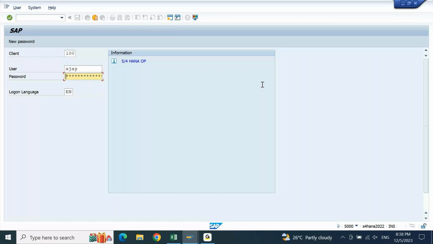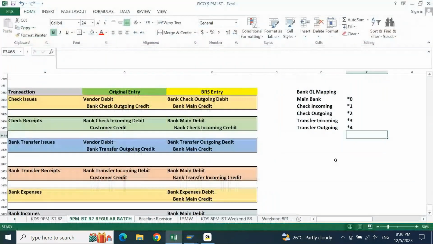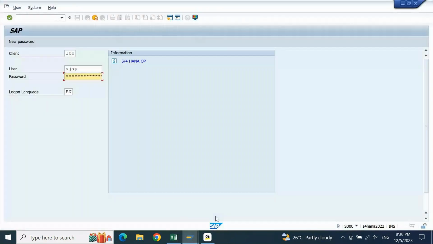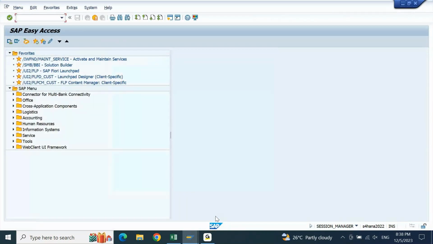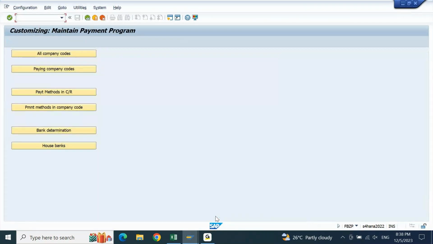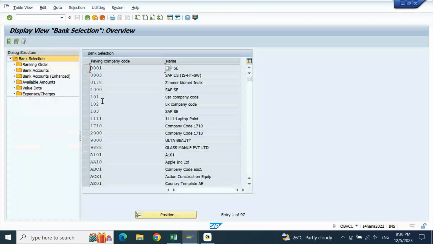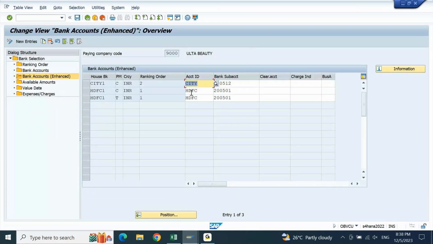I think bank outgoing, sir. Company code, 2. I think we only created 2, sir. Yes, sir. Let me verify. Bank determination, 9000 is what we are using, I believe. Bank account enhanced. Somewhere it is 1, somewhere it is 2. City, HDFC. Okay, let's proceed with this.